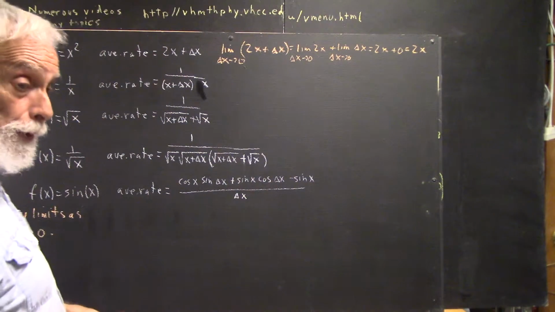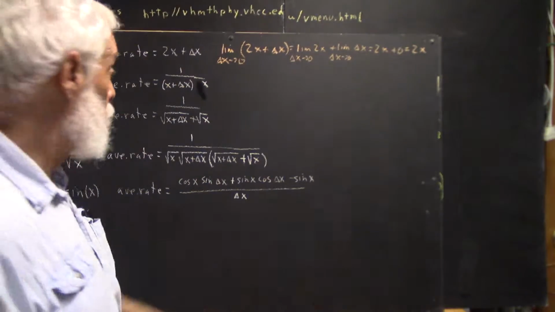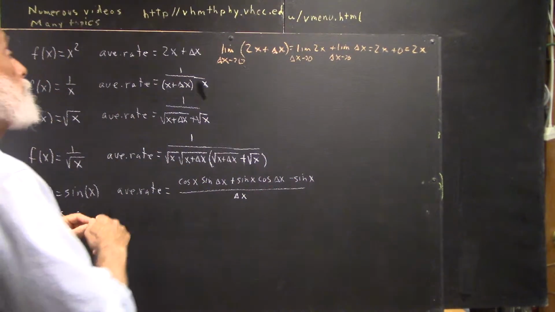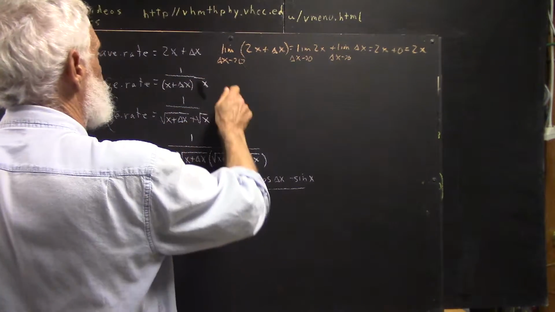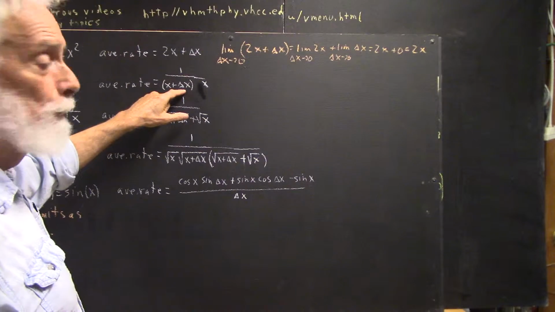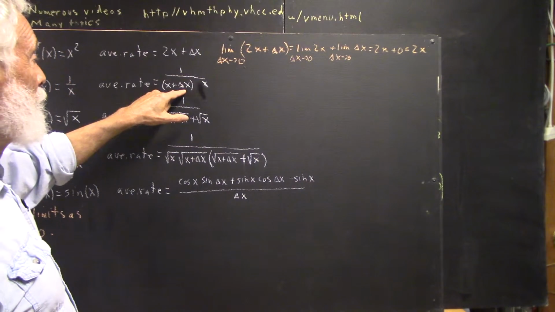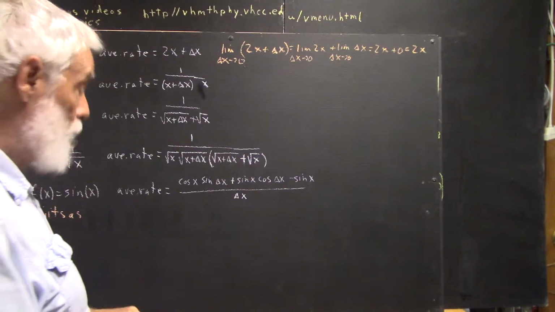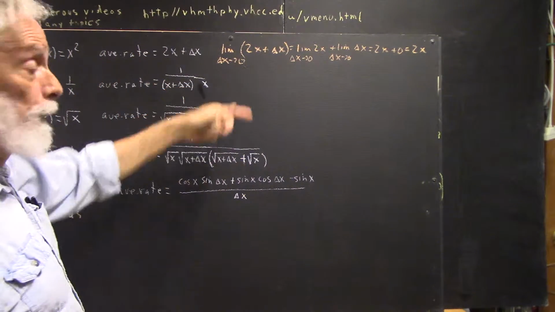I recommend pausing, but I'm now going to go ahead. So if you haven't paused and want to, you'd better do it. Okay, well, intuitively, as delta x approaches 0, x plus delta x is going to approach x, right? So that delta x will just kind of disappear.